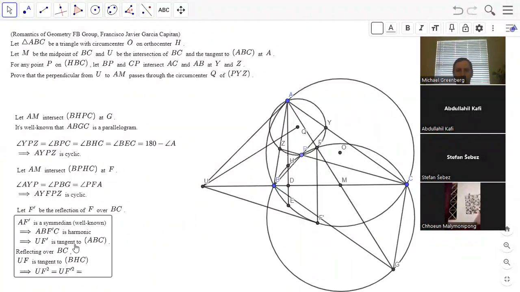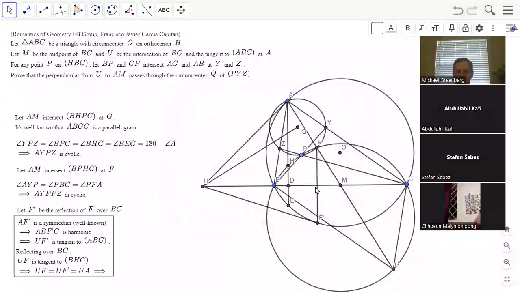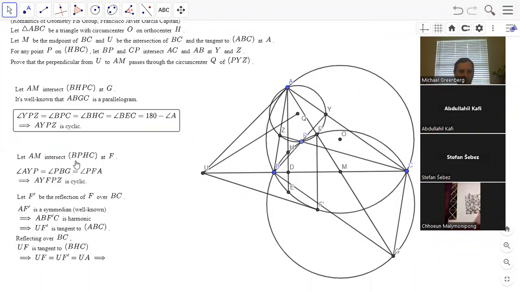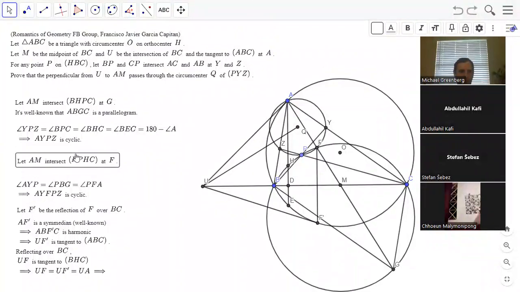Yeah, UF equals UF prime equals UA. And that implies that UQ is perpendicular to AF, which is AM. Whoops. And then I'll move on to the next problem. Just a second.